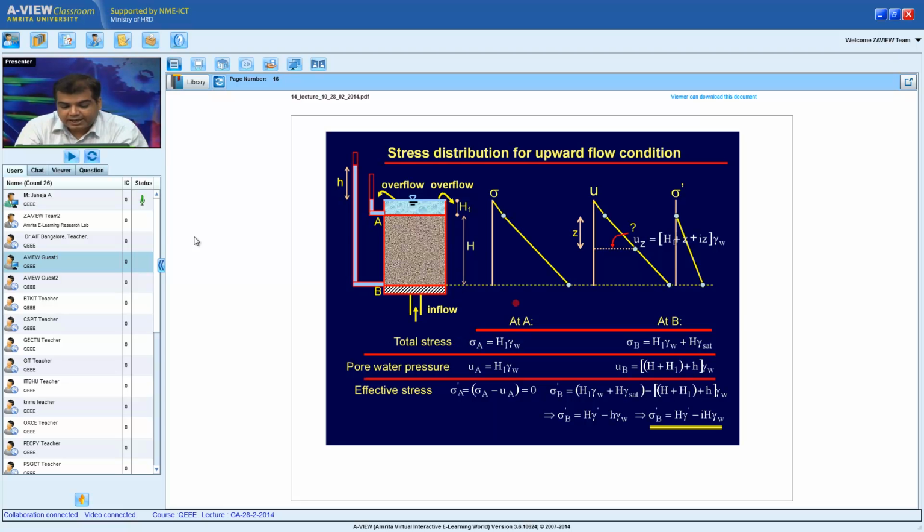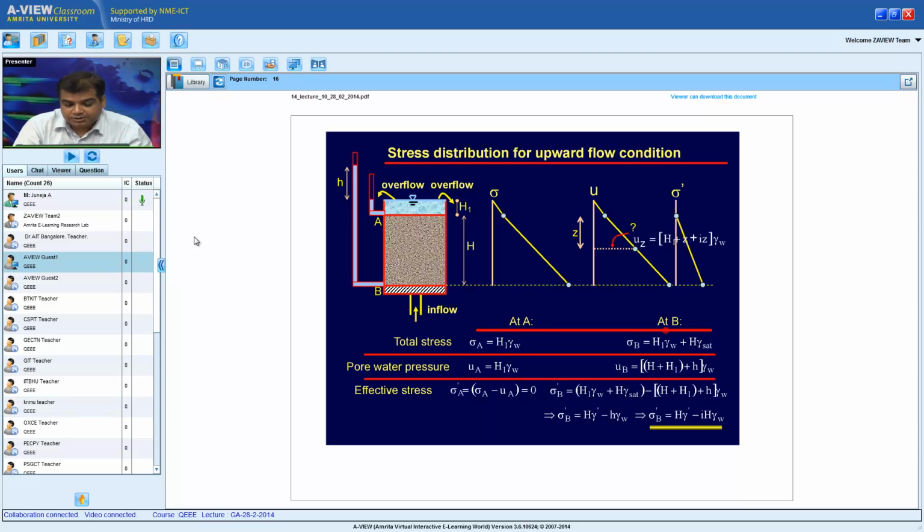Total stress at A, this line over here, red color, is the overburden at this level, which is the weight of water, H1 times gamma W. When I say weight, it means the pressure, so it should have units of pressure, not just the weight.